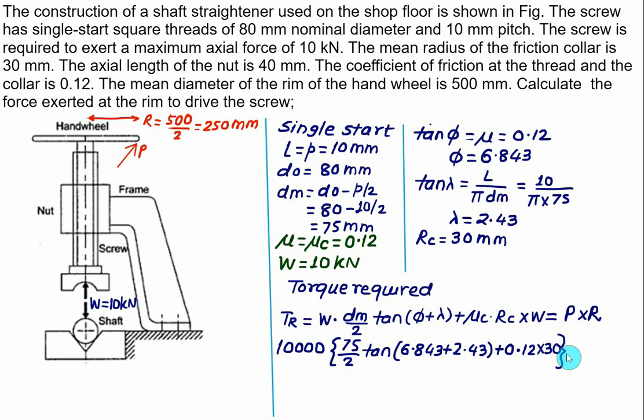So the left hand side is complete. P we have to find out. The mean radius of the rim is equal to 250. Solve this, and you can find out how much force is to be exerted at the rim to drive the screw. So approximately we require a force equal to 389 Newton.